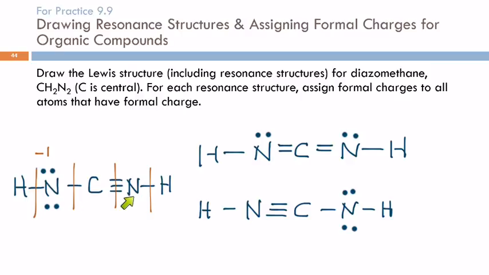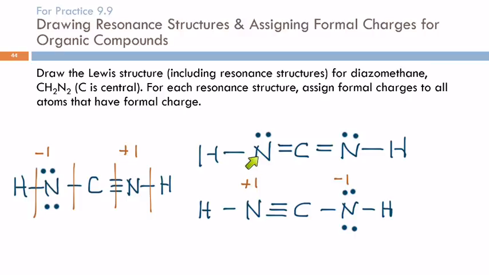How about this nitrogen? Yeah, it's got 5 minus 4, so this is +1. And the hydrogen 0. So looking at this one, this is just the reverse of that. So the nitrogen that had the triple bond is +1, and the nitrogen with the 2 single bonds is -1.